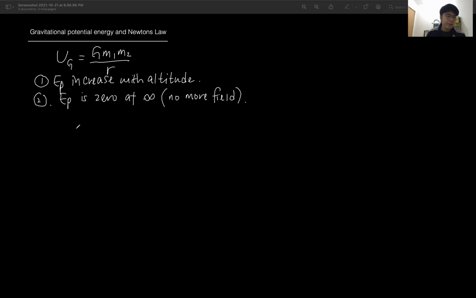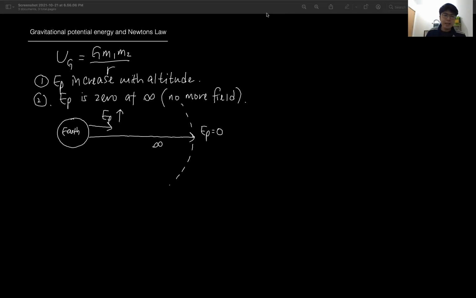If I increase the distance, if R increases, let me draw this. Let's say this is the Earth. And I go higher in altitude, the potential energy increases, correct? And if I go far enough, until infinity, you can think of it like I'm at the edge of the gravitational field. There, the EP is 0.